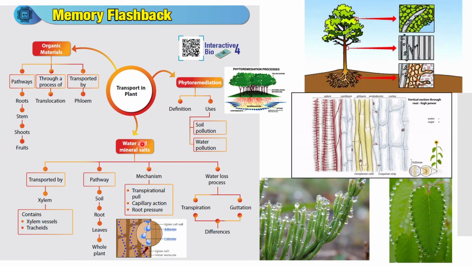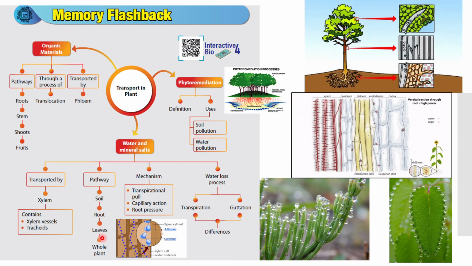And for water and mineral salts, the xylem is the responsible structure, which contains the xylem vessels and the tracheids. From where to where? What's the pathway? From the roots against gravity to the stem, to the leaves.